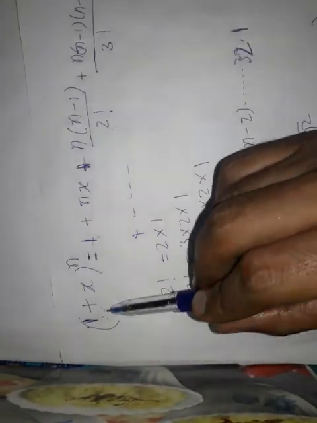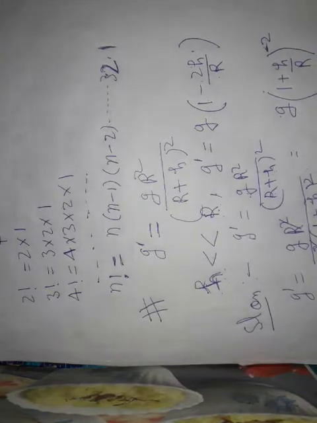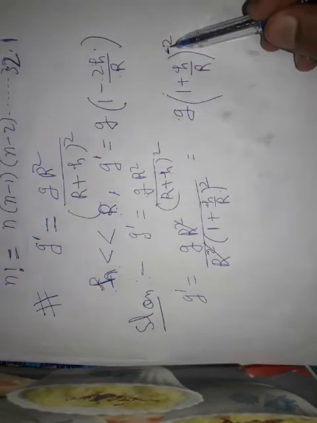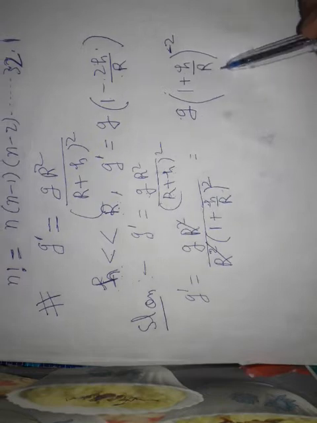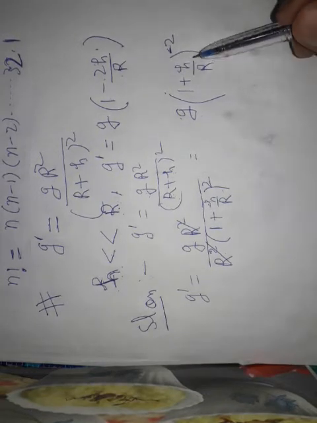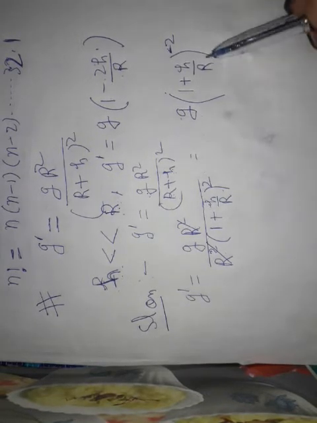You can see 1 plus x whole to the power n, and here the value of n is minus 2, and in place of x we have h upon R.